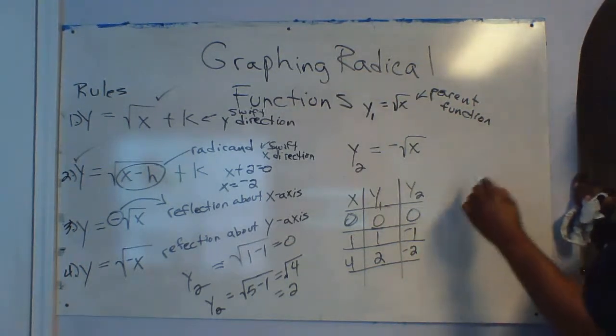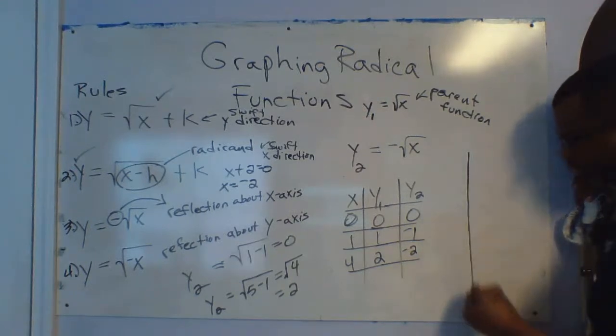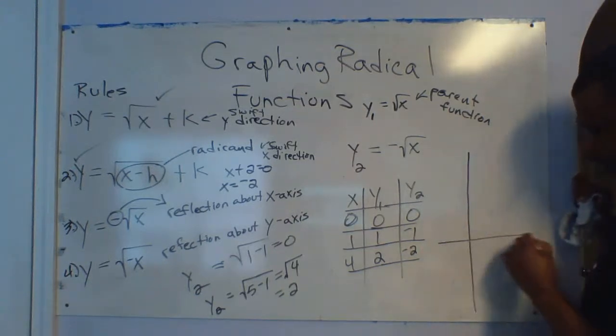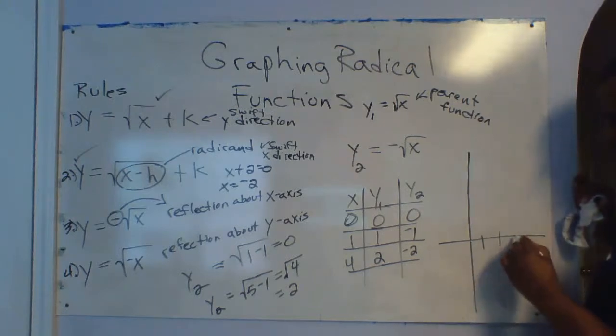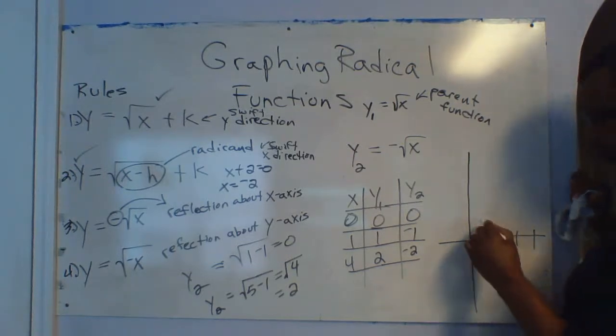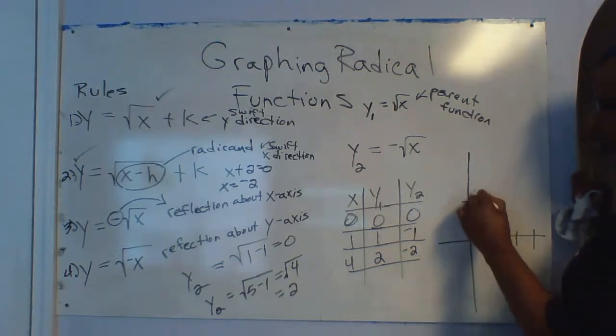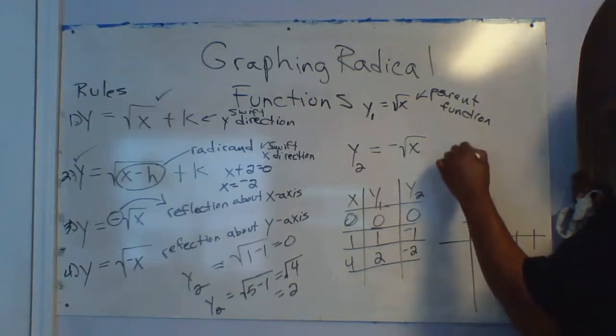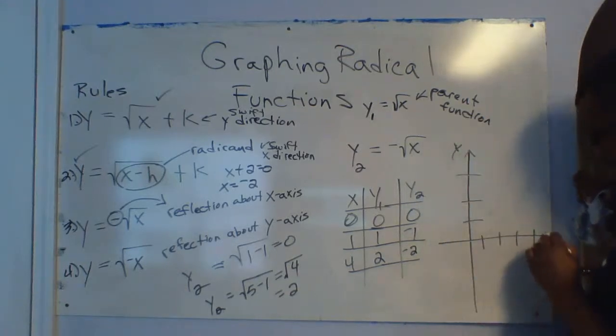Okay, now we're going to graph it. So we have 1, 2, 3, 4, and 1, 2, 3. We only need a couple of points.